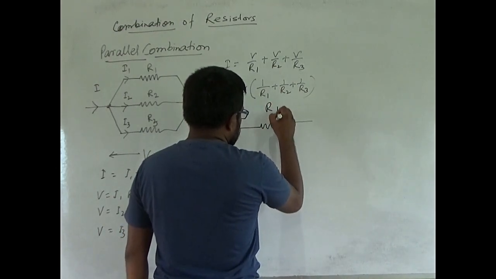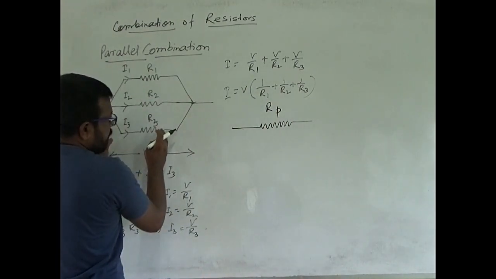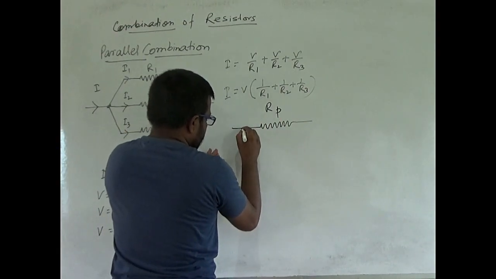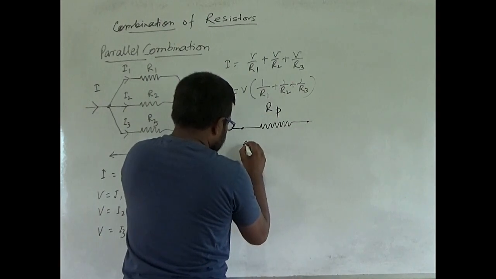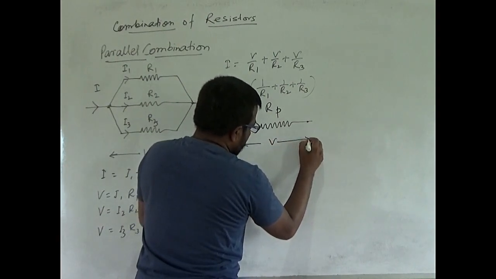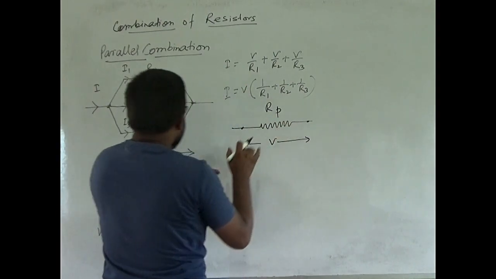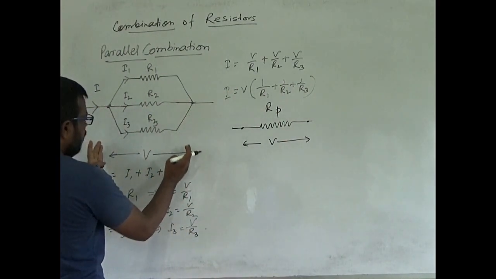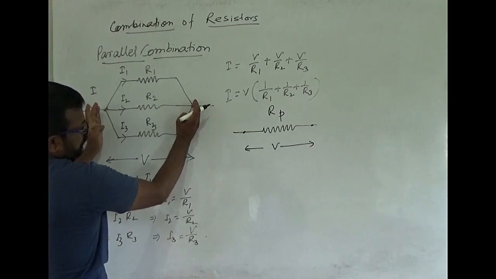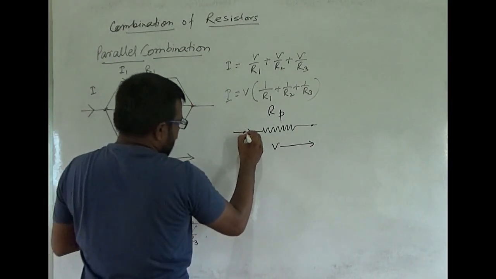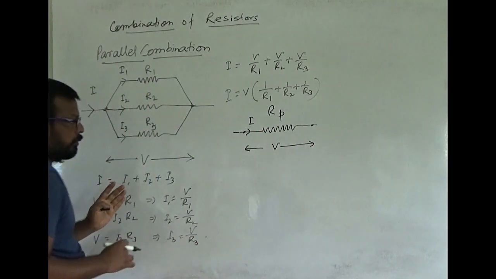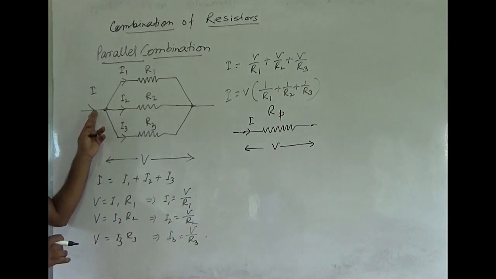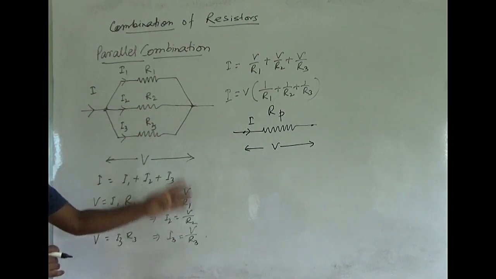We replace this combination by a single resistor of resistance Rp, with potential difference V applied across it, and I is the current flowing through it, as I is the current flowing through the combination.